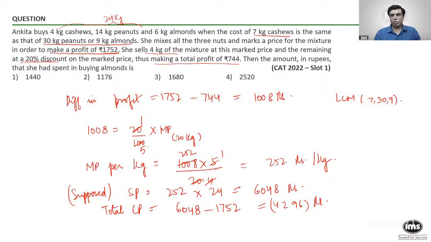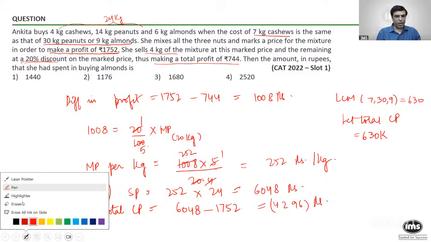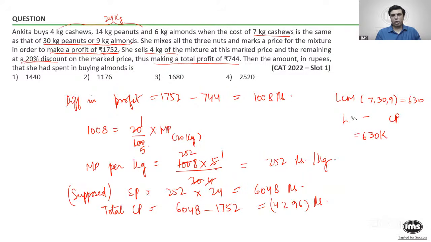The LCM will be 630. In fact, not the total cost price, but basically the cost price of 7 kg cashews, the cost price of 30 kg peanuts and the cost price of 9 kg almonds. Let us suppose that this is equal to 630K, where K is some constant.